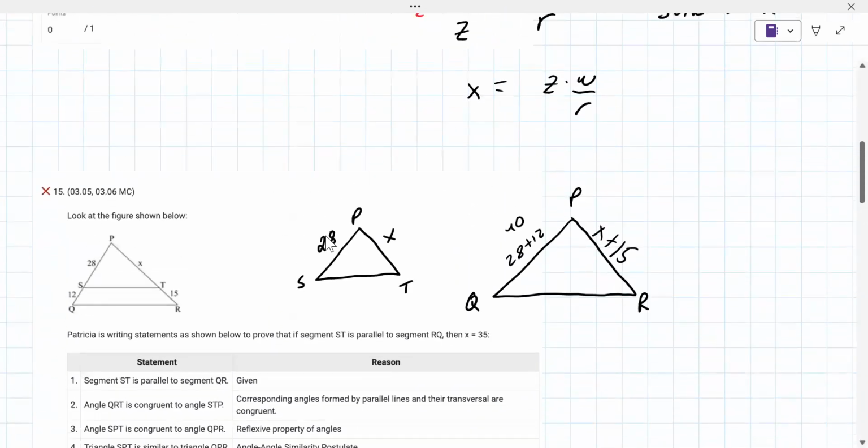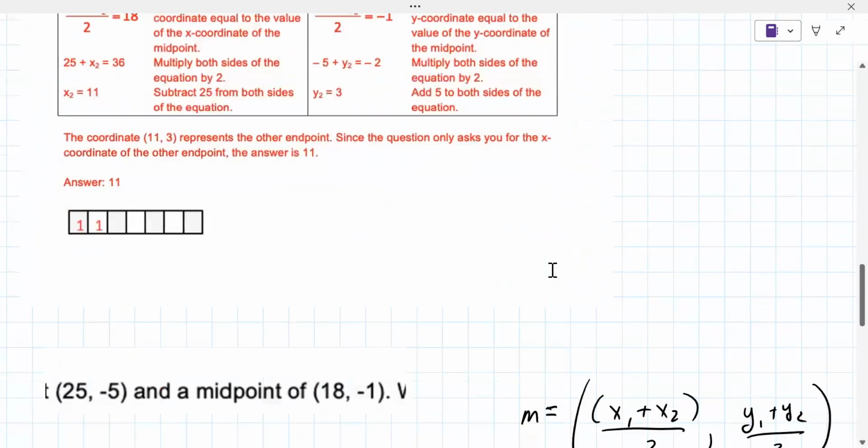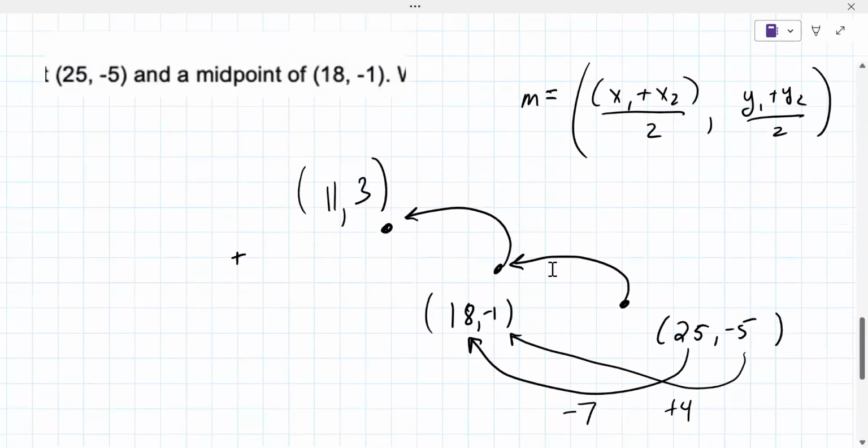You've noticed that I'm doing a lot of drawings. I really hope you are doing some of the same. If there's one thing to take away from this course, it's make a picture. You're finally at a point in math where making a picture is important. It's key to draw it out for yourself and visualize it.